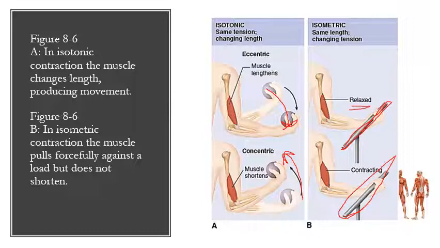They relax it, and then they contract it. So, isotonic, you have movement. Isometric, the muscle stays the same length.